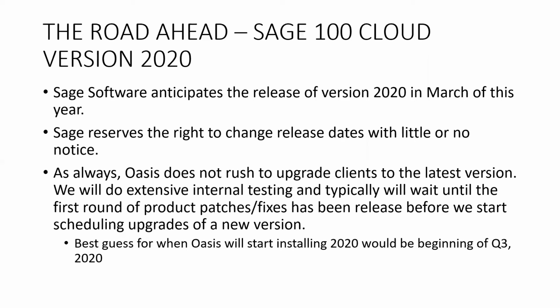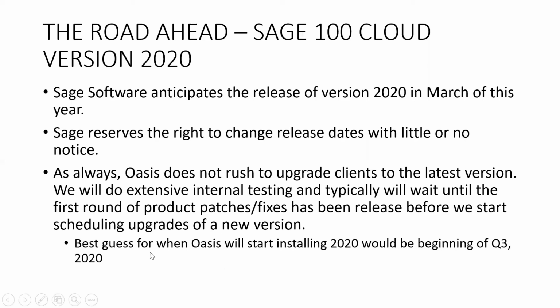We do not want any of our clients being first adopters, because you just don't know. Even though Sage is very, very diligent with testing, software is software, and there's always things that are not caught.